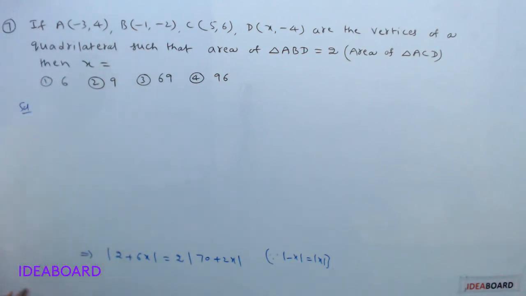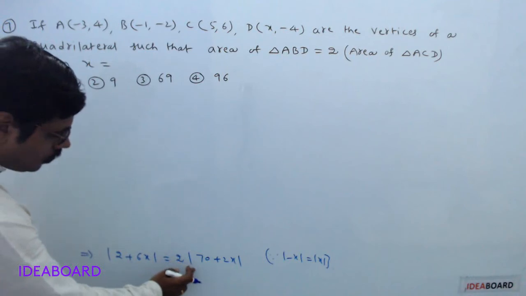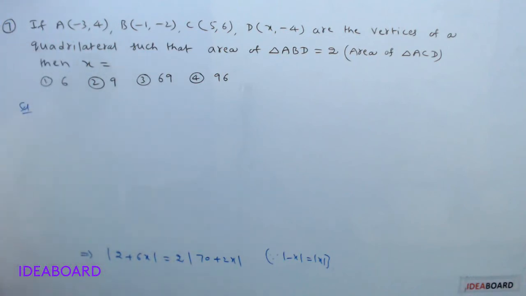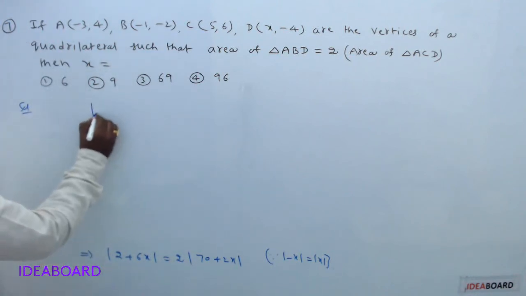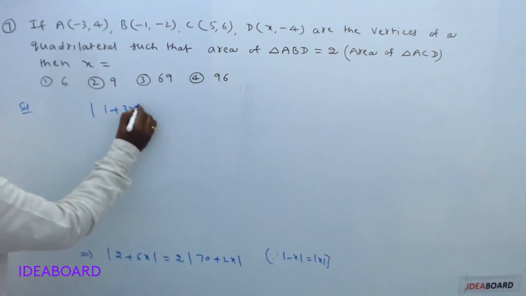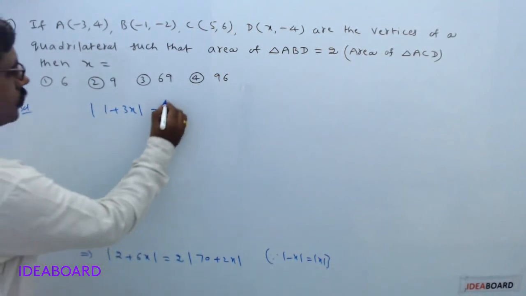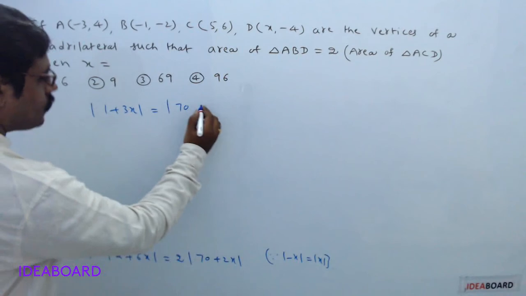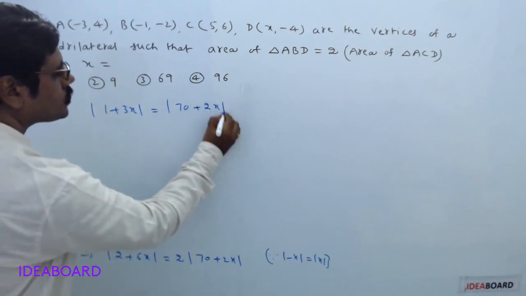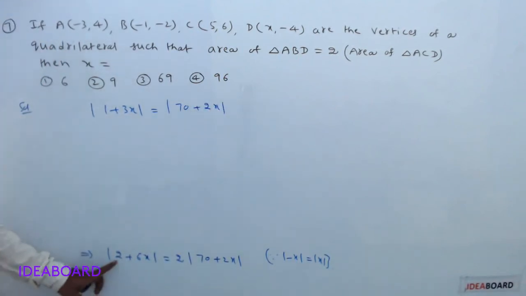Now see the simplification. Modulus of 2 plus 6x equal to 2 into modulus of 70 plus 2x. From this equation, modulus of 1 plus 3x equals to modulus of 70 plus 2x.